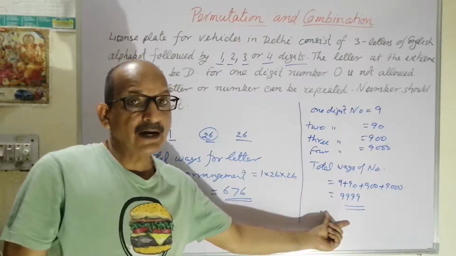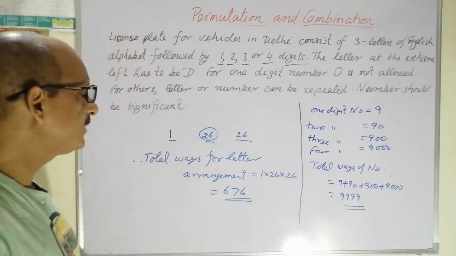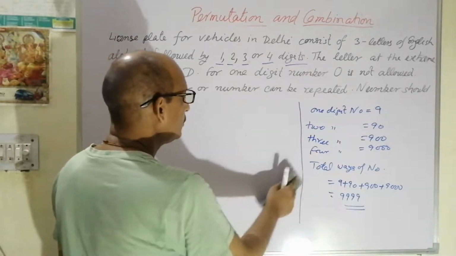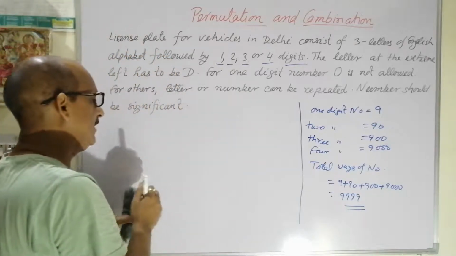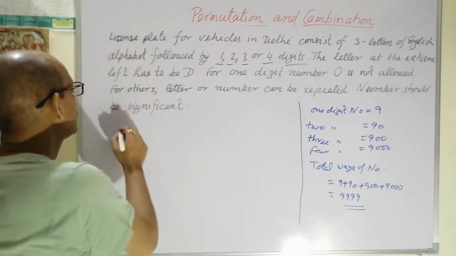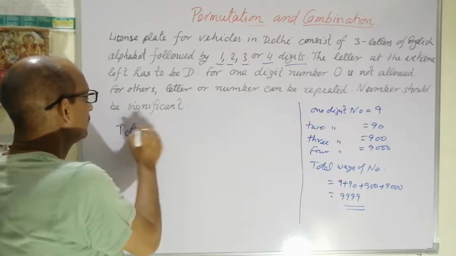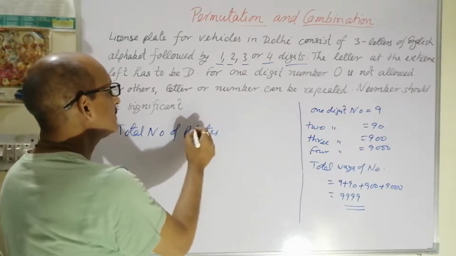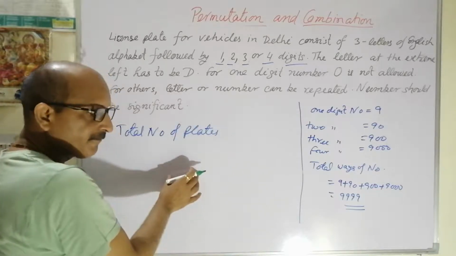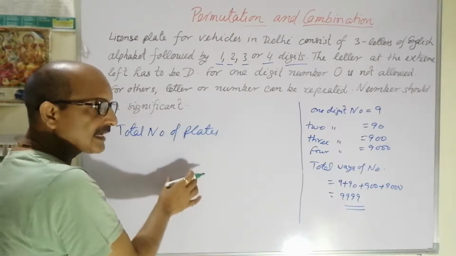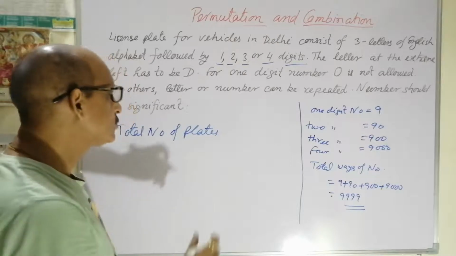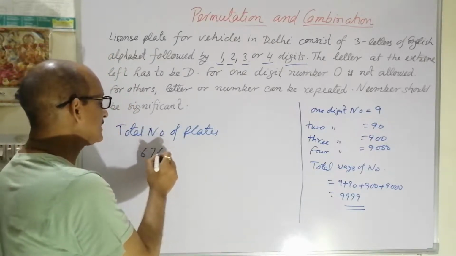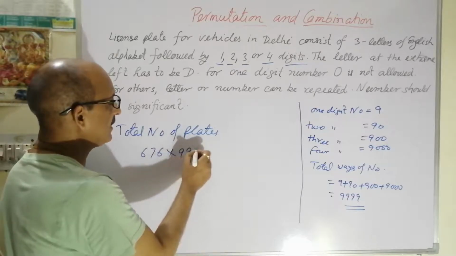Okay, now these numbers are followed by this. So which concept to be applied? Multiplication. So the total number of plates will be, since the letters are being followed by the digits, the multiplication concept is applied: 676 multiplied by 9999.